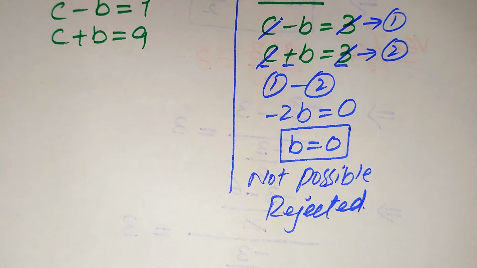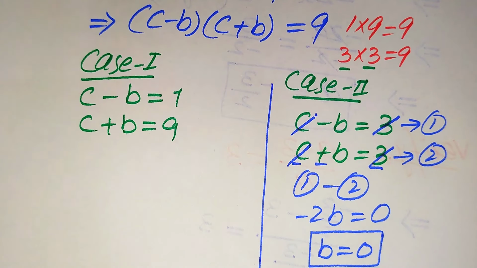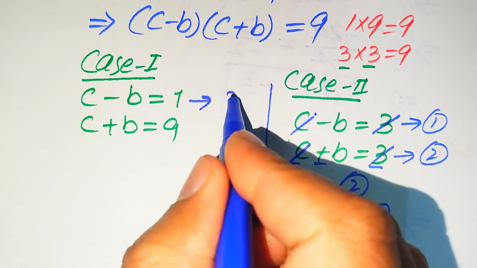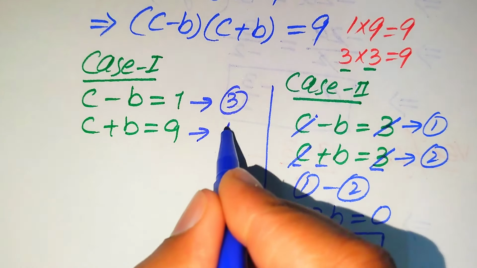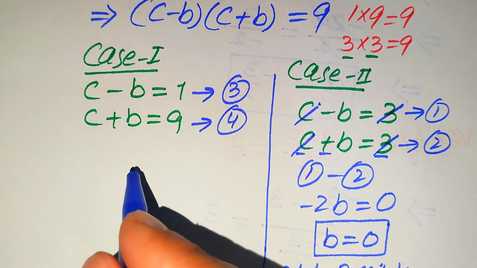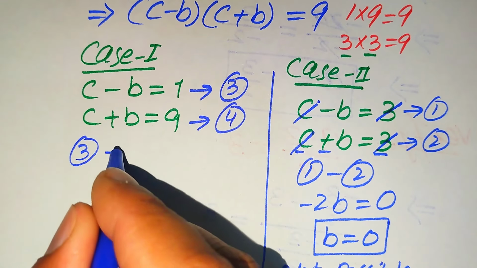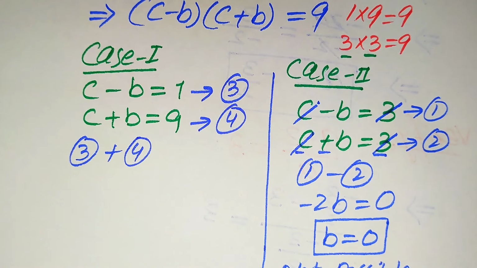Now we proceed with the first case only. We call these equation number 3 and equation number 4, and we sum up equation 3 and equation 4.